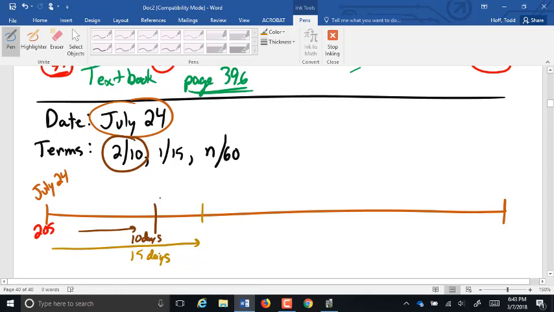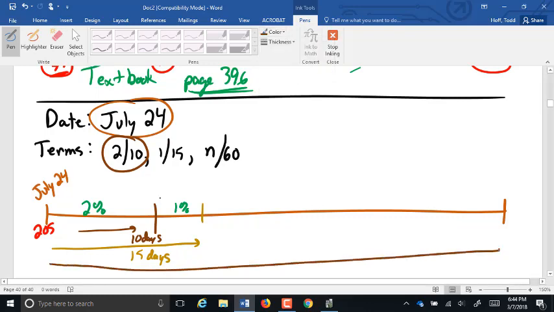Now, if you pay in the first 10 days, you do not get both a 2 and a 1% discount. What that means is you get a 2% discount in the first 10 days. It drops down to 1% between the 10 and the 15. And then, of course, the final end date here is at 60 days. That's where the net is due.